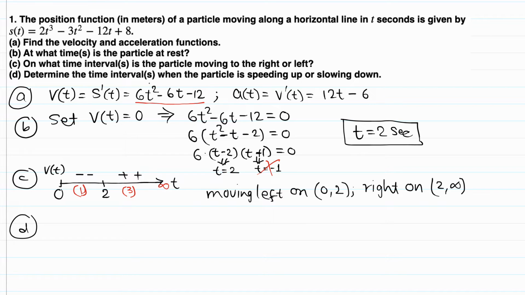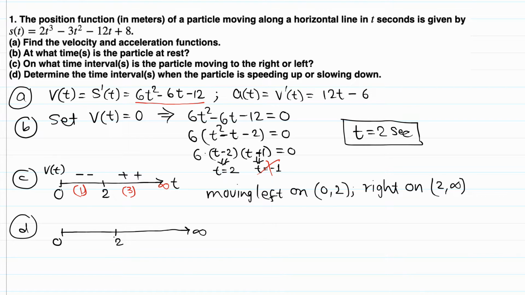Now part D, determine the time intervals when the particle is speeding up or slowing down. Speeding up or slowing down means we need to test the signs of both velocity and acceleration in these time intervals. So we have this domain, 0 all the way through, and we know the velocity is 0 at 2, so let's include that.